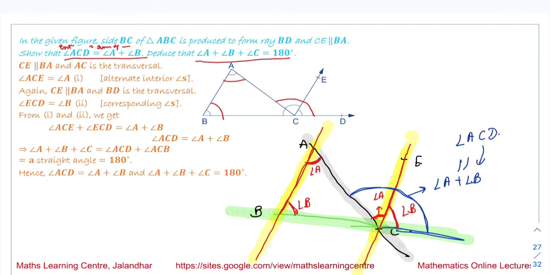And this is the first part that we have to prove, that angle ACD is equal to angle A plus angle B.